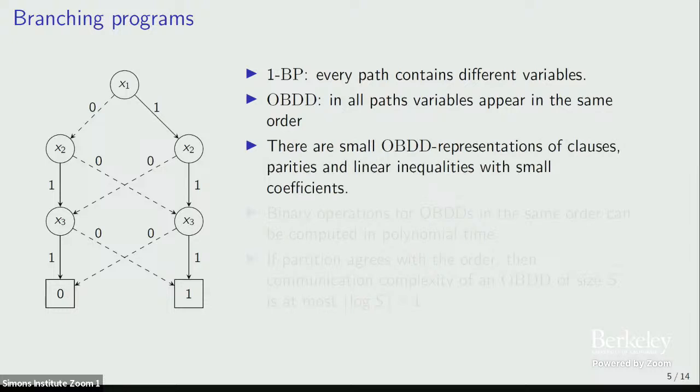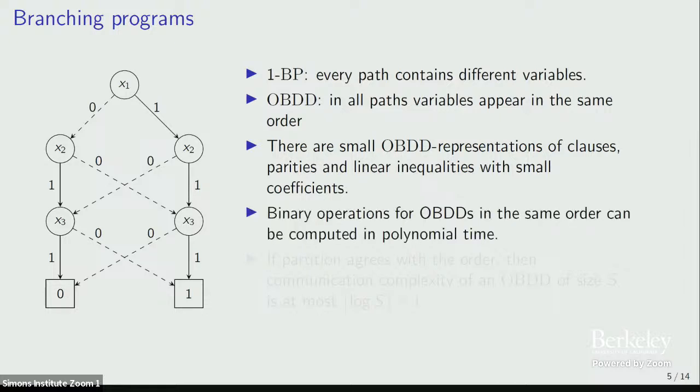First of all, there are small OBDD representations of many important functions, for example clauses and parities. For example, this function is parity. Also, linear inequalities with small coefficients can be represented by small OBDDs. And what is more important, binary operations for OBDDs, if the two OBDDs have the same order, can be performed very efficiently, in linear time.